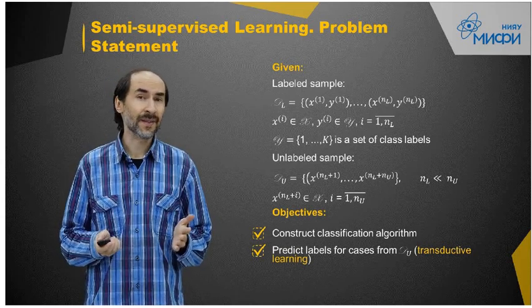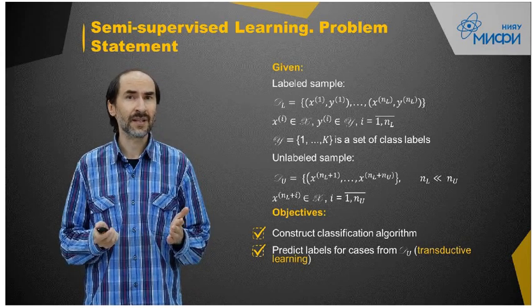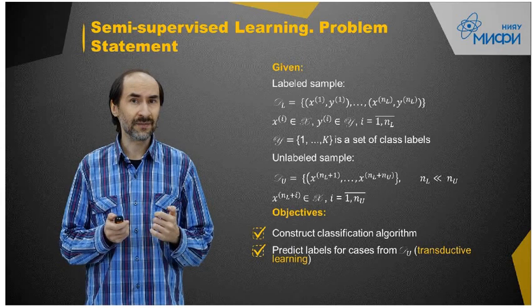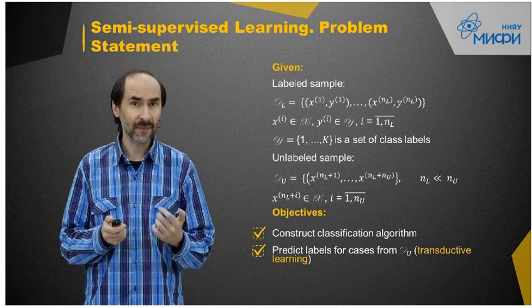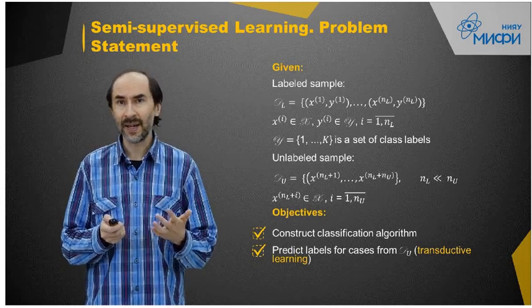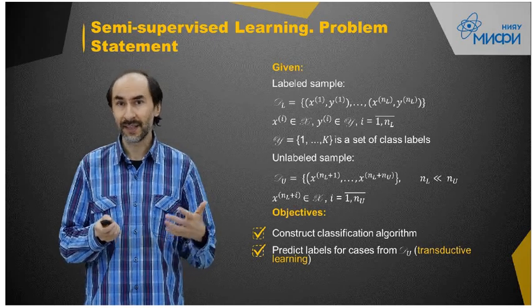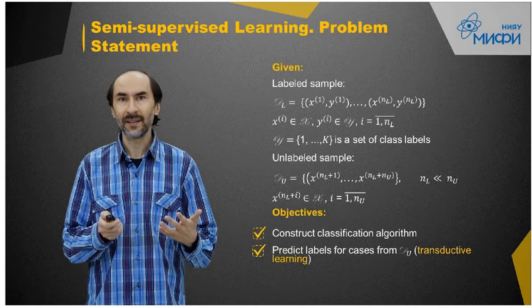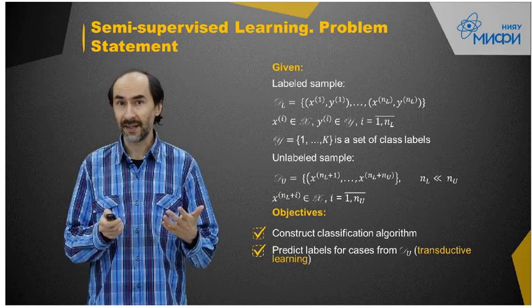It seems that the second objective is a particular case of the first one. Because if we have a classification algorithm, we can apply it to any data, including the data from D sub U, and in this way solve the second objective.